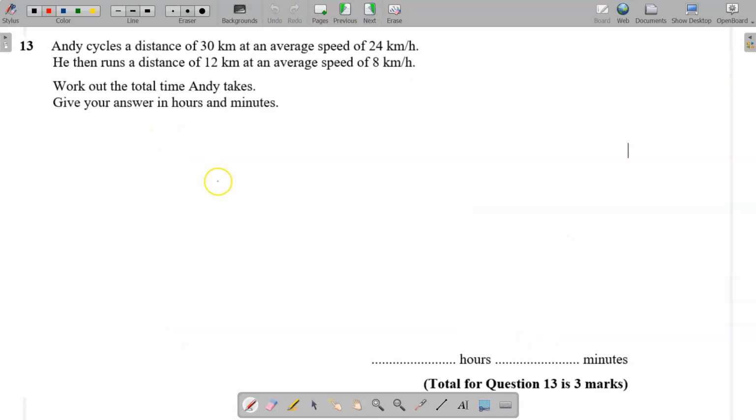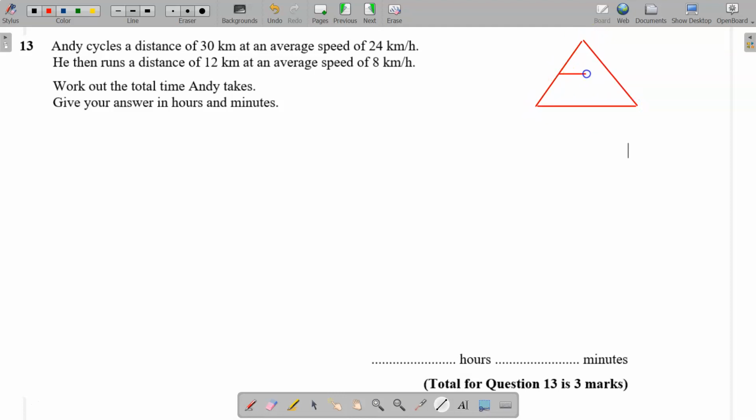Next, now for this question, this is about speed, distance and time. Andy is on some sort of event where he's got to cycle and then run. So speed, distance and time, the connection, you must have seen this before.